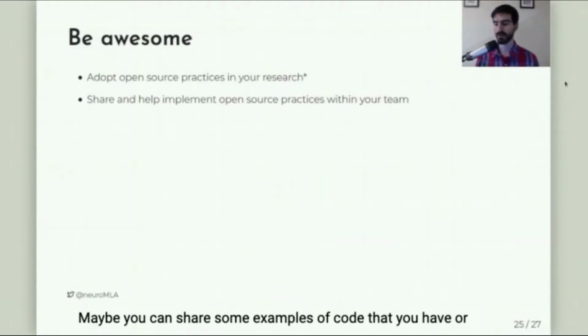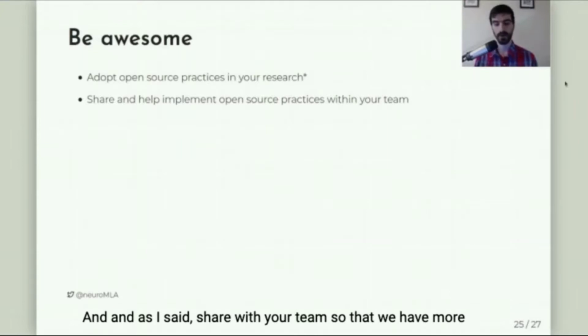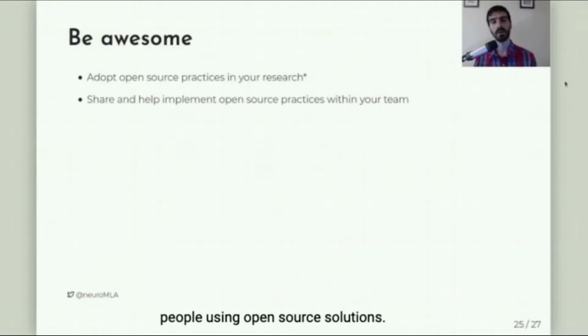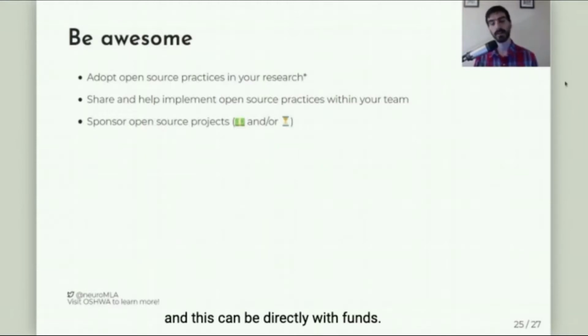Maybe you can share some examples of code that you have, or a tool that you normally use that is open source, and share it with your team so that we have more people using open source solutions. Finally, you can consider sponsoring an open source project, and this can be directly with funds, or it can also be with your time.